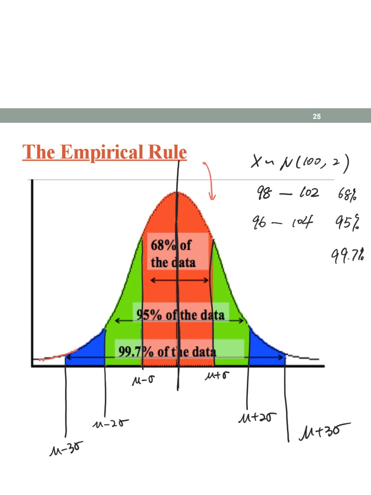So that's from 100 minus 6, that is 94, to 106. In this range, I have 99.7% of observations. If my distribution is a normal distribution with mean equal 100 and standard deviation equal 2, I can get this conclusion.